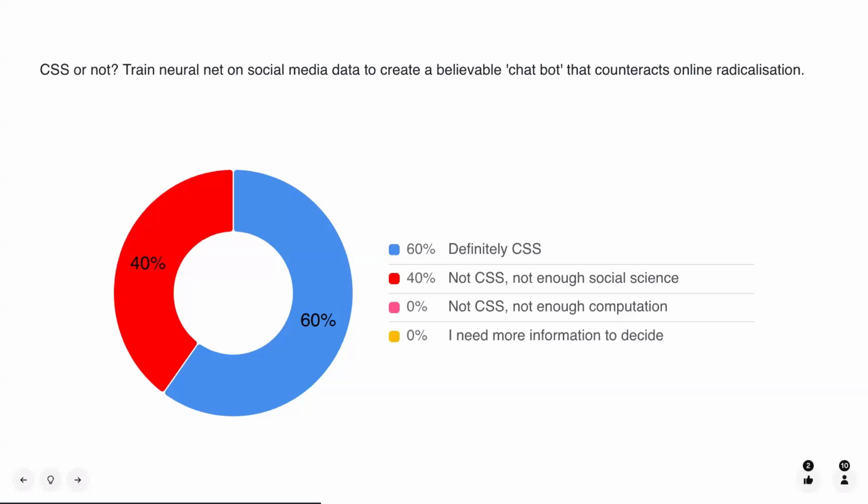So I think we'd have a lot of social science research to back that up. Talking about what witchcraft is, how are we going to use this AI to persuade against it or to prevent it? That sounds like CSS to me. I'd be interested to know more about it.